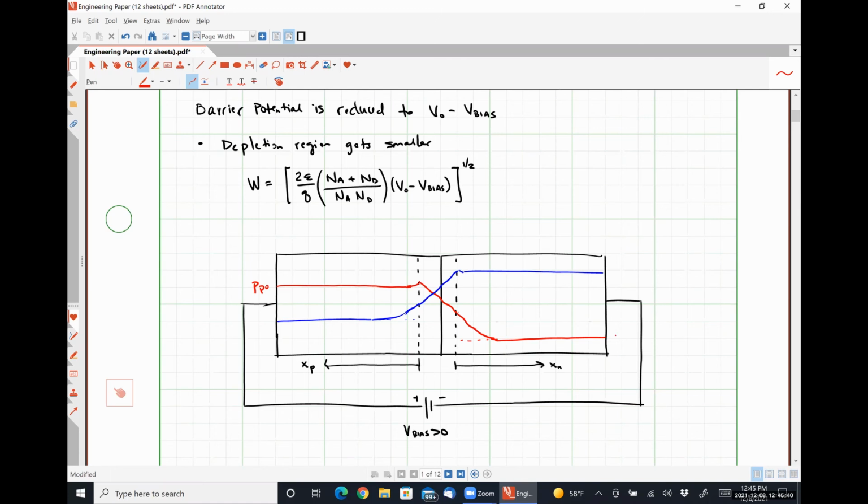And on the right-hand edge of our crystal, we have our thermal equilibrium hole concentration on the inside. Similarly, at the crystal boundaries for electrons, the same thing occurs. Here we'll have NP naught. Here we'll have NN naught.